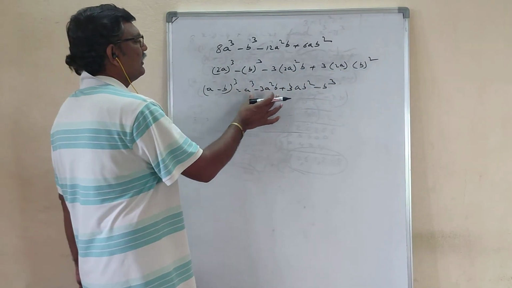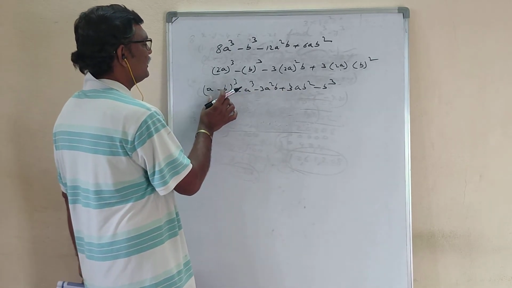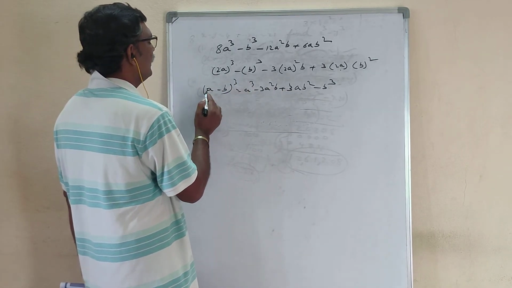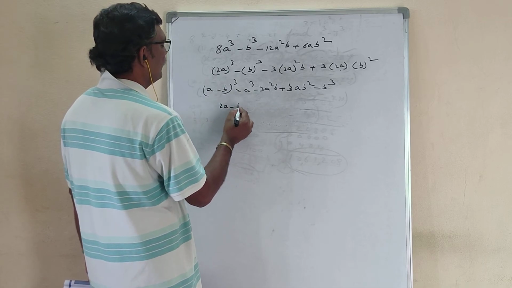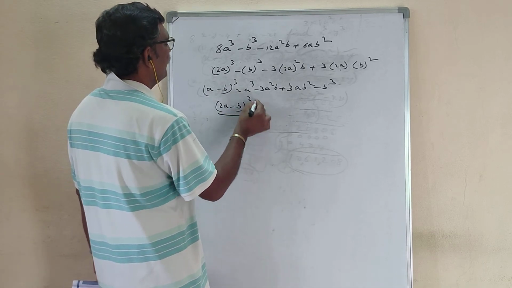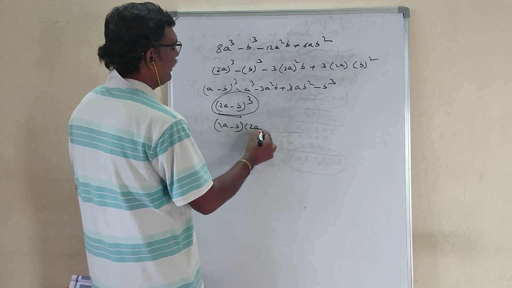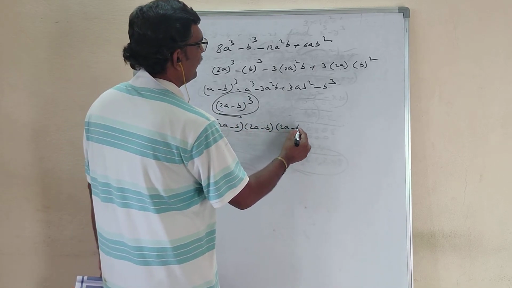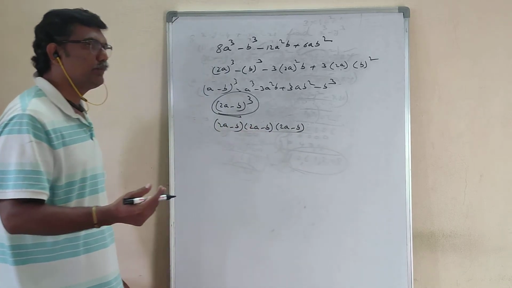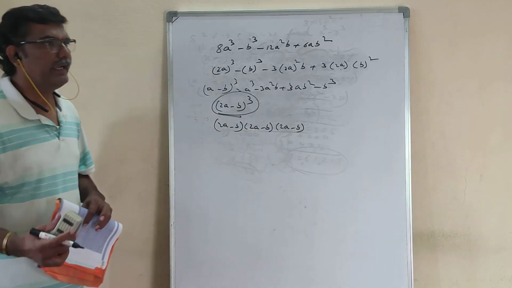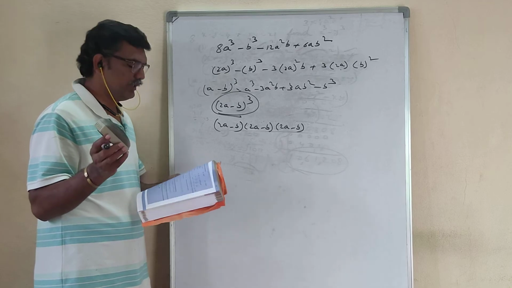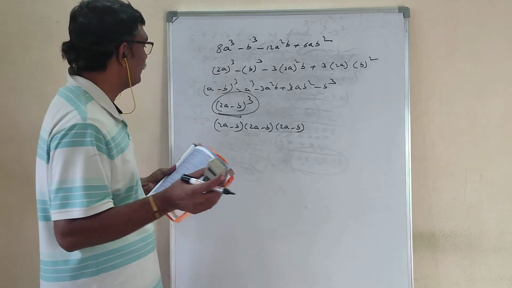So same. So if it is given like this, you can write it like this. So a minus b whole cube, in place of a, 2a minus b whole cube. So this is the answer: 2a minus b into 2a minus b into 2a minus b. So I wrote it as a product of the terms. The main thing is the formula, you should know it. Otherwise you can't do these problems.